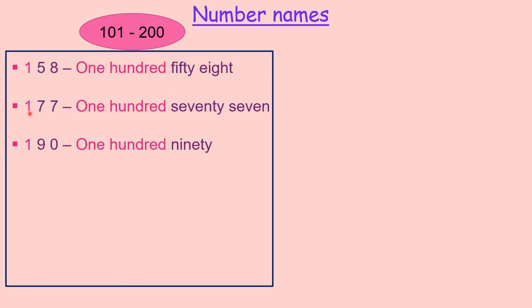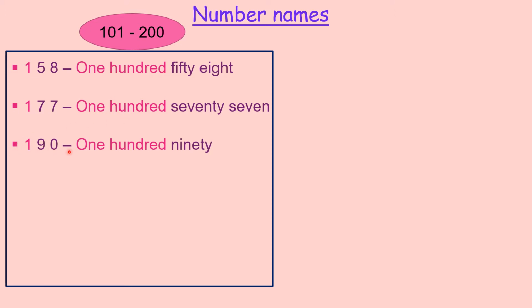So the next one is 177. So you know the number names of 2-digit numbers, 58, 77, 90, right? So just you need to add 100 to it, as there is 1 in the hundreds place. Very simple. So 177 and 190 is the third one.